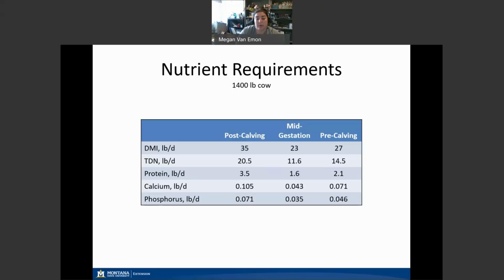So the main ones I'm going to focus on for this presentation are the TDN, or total digestible nutrients, and protein factors, just because those are two big factors we need to make sure we're hitting to keep up the fetal growth during pre-calving, and then that lactational demand in post-calving, and make sure those calves are developing correctly in utero, as well as good milk quality for that calf growth post-calving.